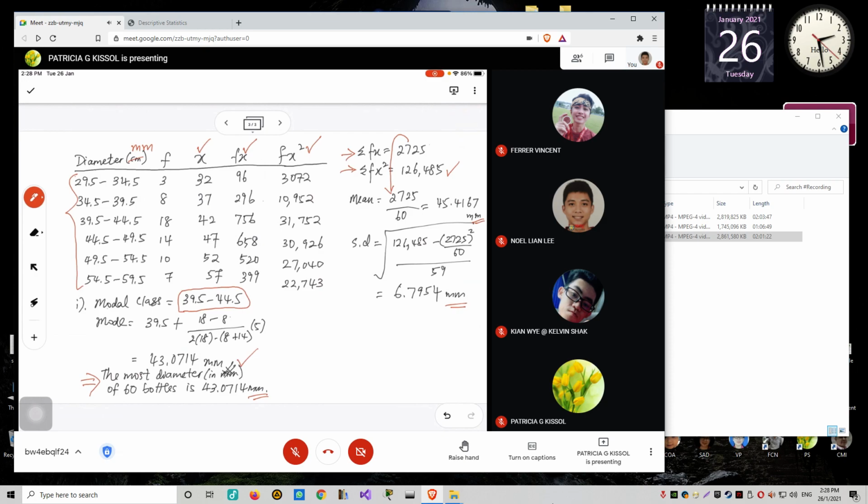And the standard deviation, because this is a sample, so it's definitely an S, putting all the values in, you should get 6.7954 millimeter also. Did you get the answer?